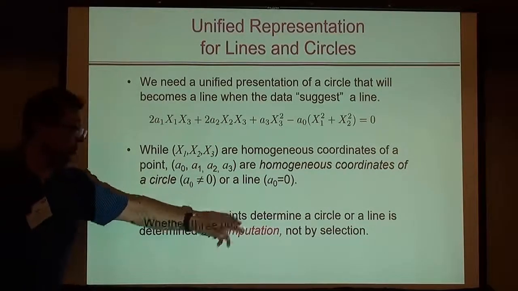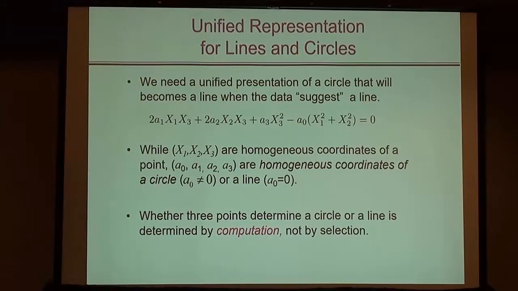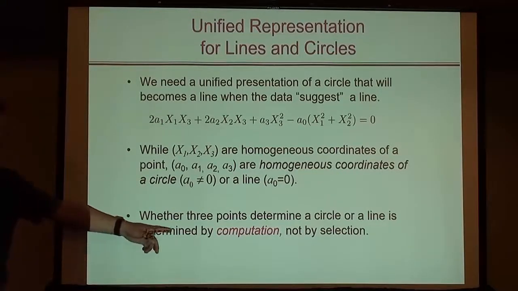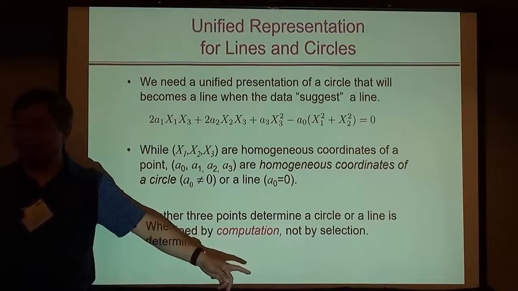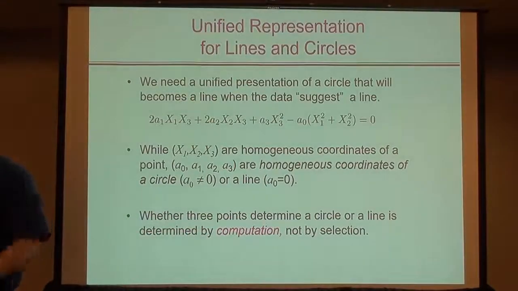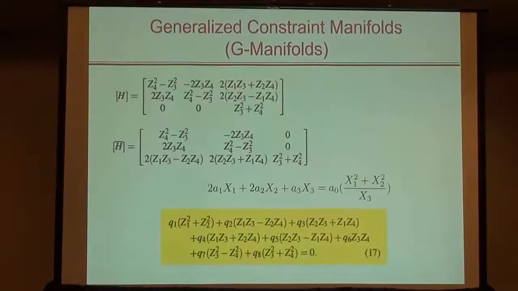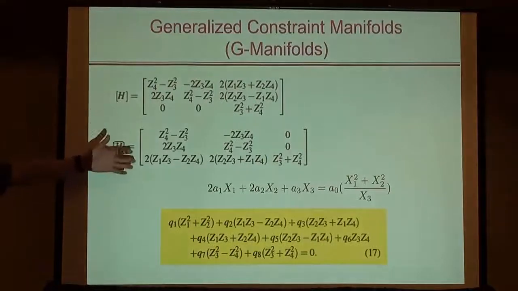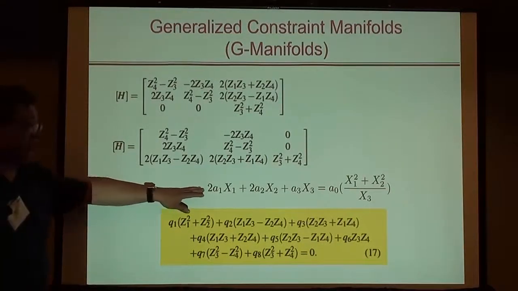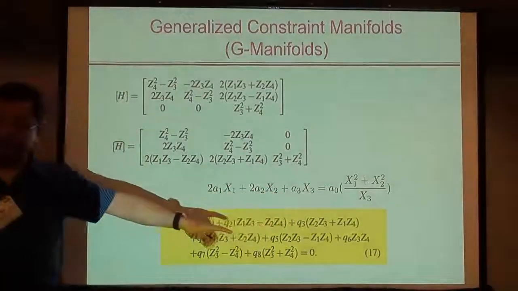Whether 3 points determine a circle or a line is determined by computation, not by selection. So we basically extend this to dyads. The constraints can be a circle or a line.